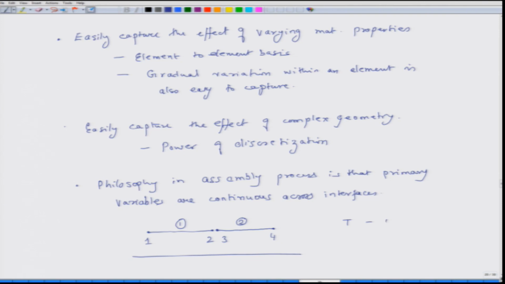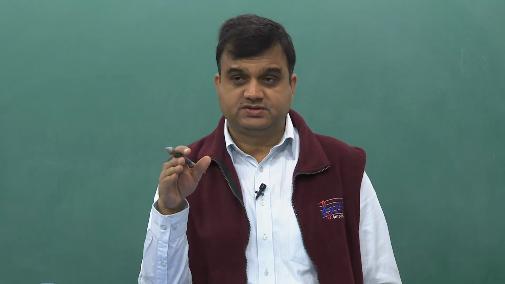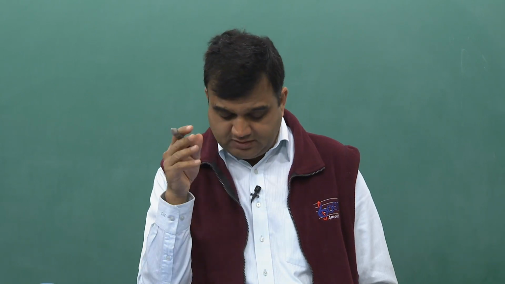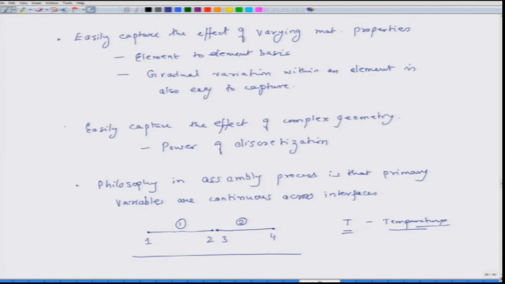So, this is temperature, and to find temperatures we have to solve the heat conduction equation. In the heat conduction equation, temperature is the fundamental variable which depends on x and time. So, that is my primary variable. Gradients of temperature or heat flux will be secondary variables.